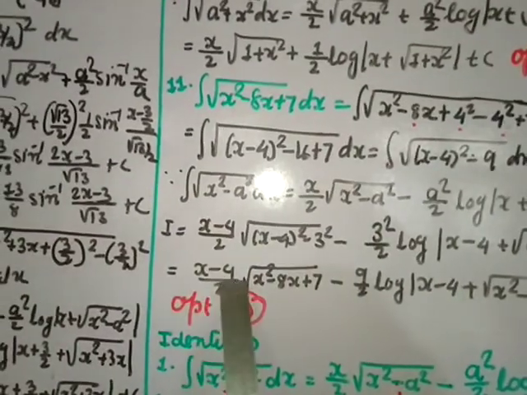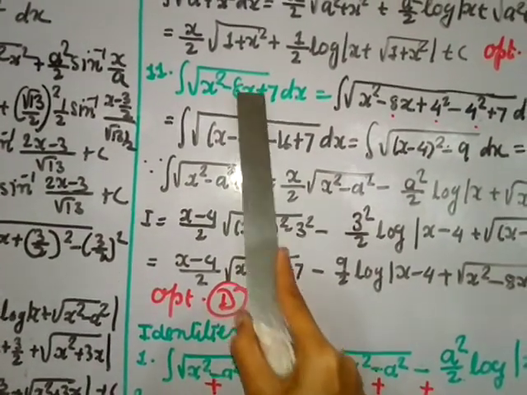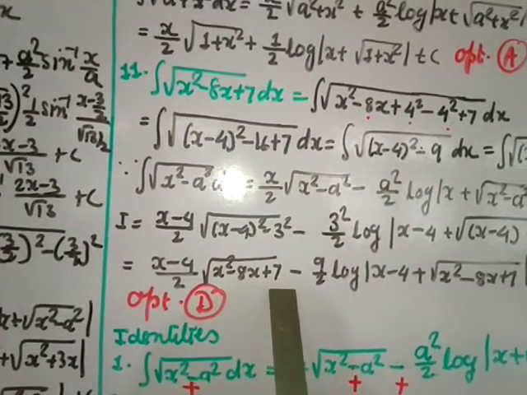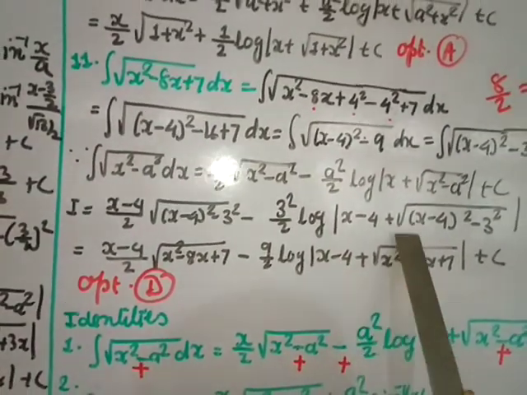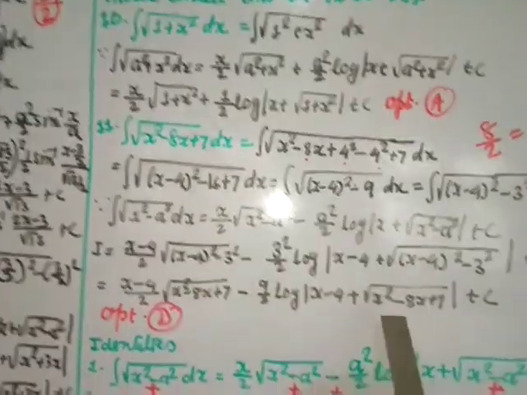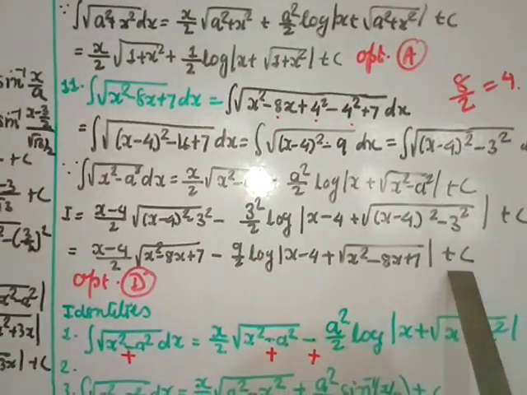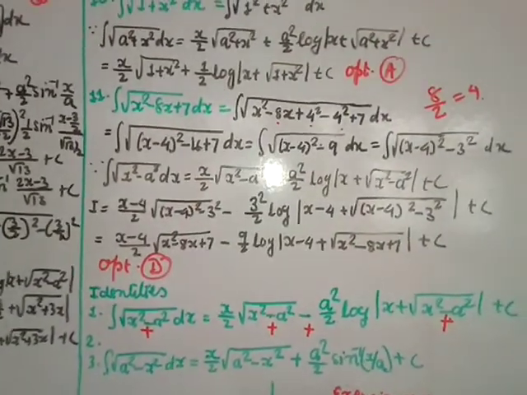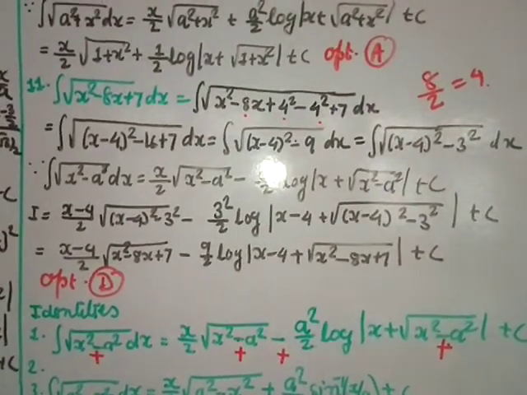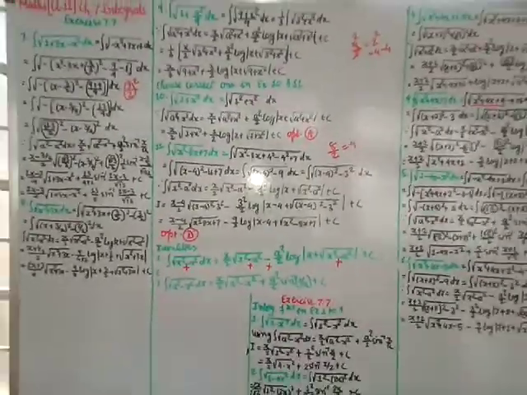So here x minus 4 by 2 square root of this value I am putting back, x square minus 8x plus 7, minus 3 square is 9 by 2 log x minus 4 plus this one is again from here, that is square root of x square minus 8x plus 7, plus c. So that is the same here, and that is option number D. So that is the correct answer. We'll keep this much. Thank you very much.